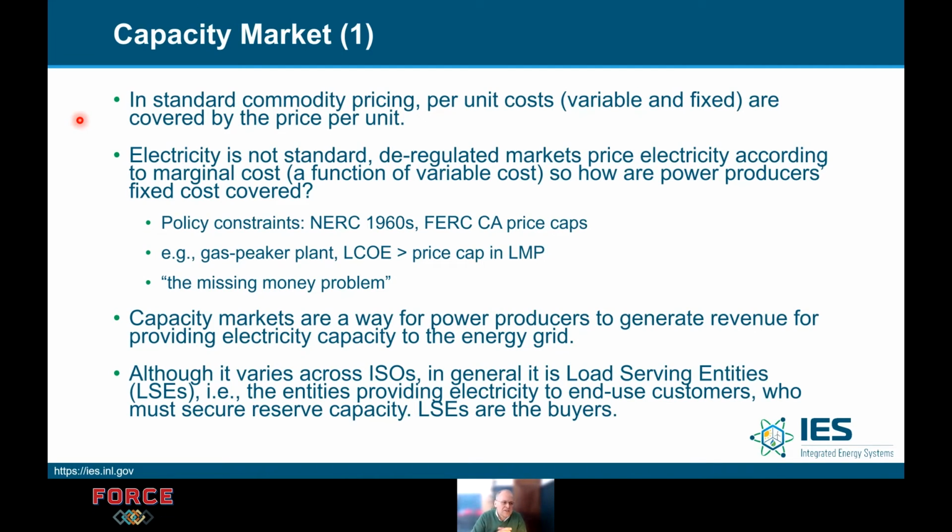So I mentioned previously the missing money problem. I characterized what that is. So grid operators recognize that they need generators to be financially solvent. They need generators to be around to provide electricity. And so a capacity market was established to try to cover what we refer to as the missing money problem.